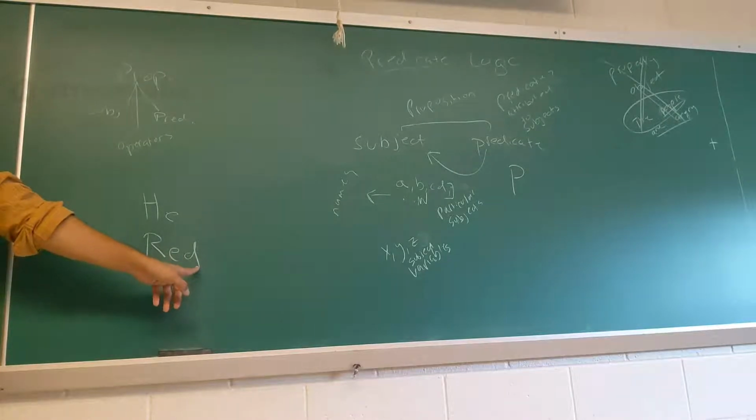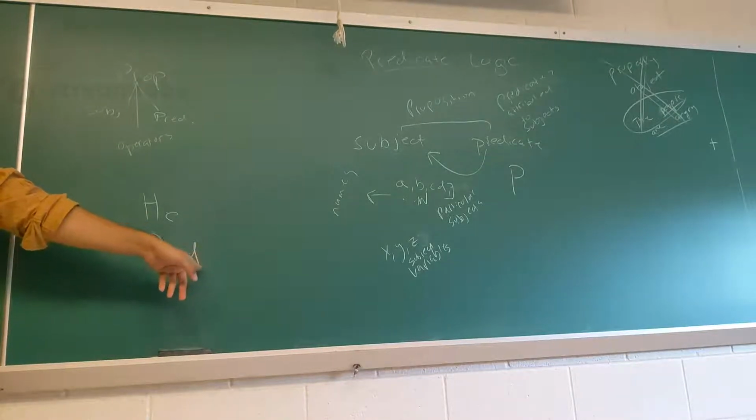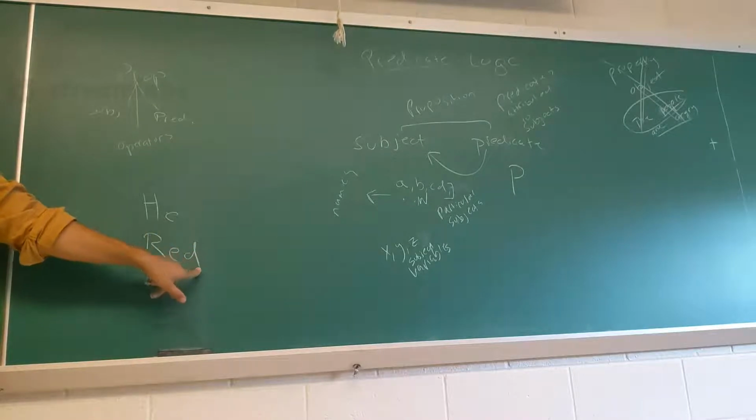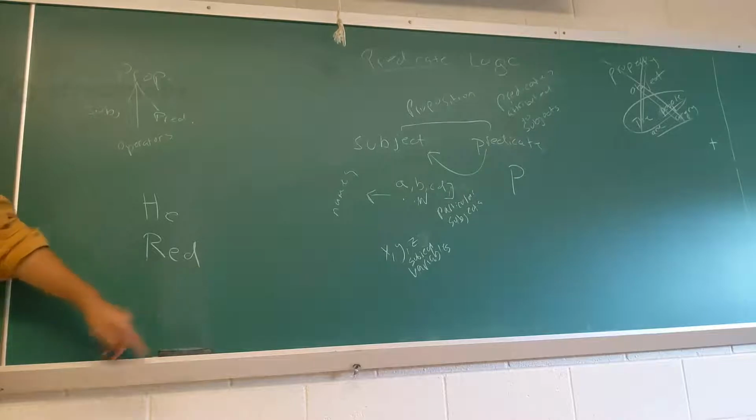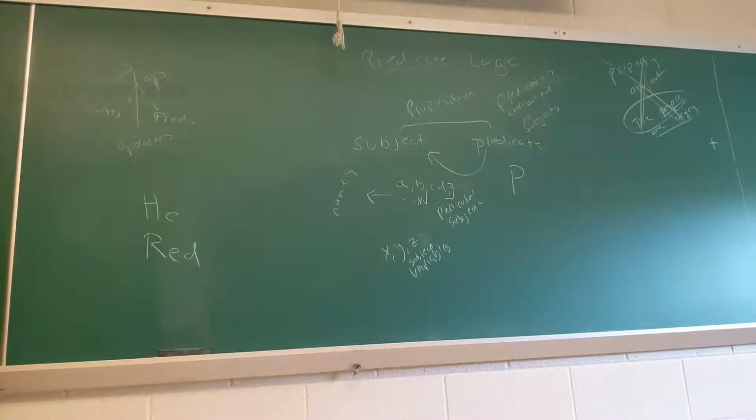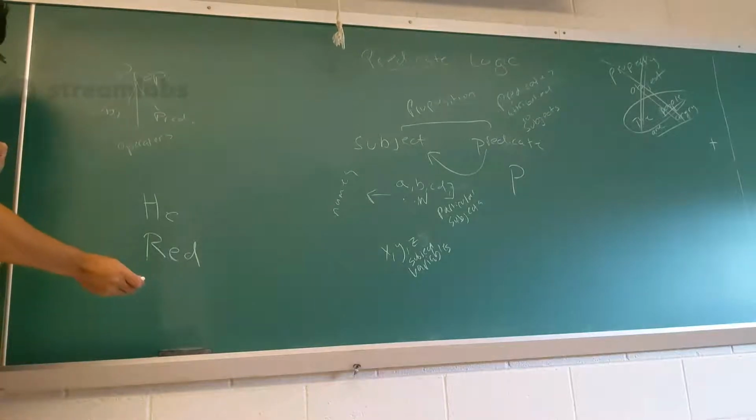Does that make sense? Somebody give me another one. Tell me how to symbolize it. Any statement at all. B's wearing glasses. He's wearing glasses. How do you want to symbolize that?